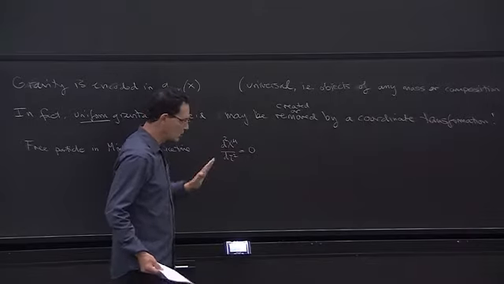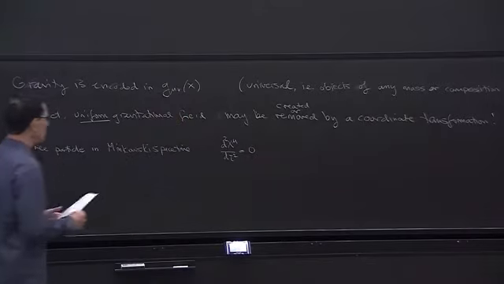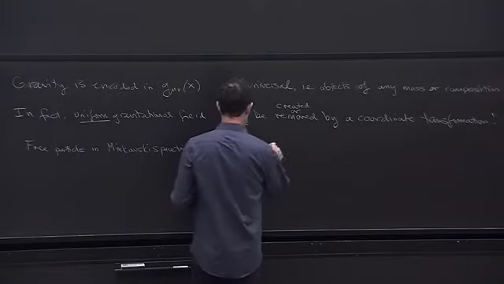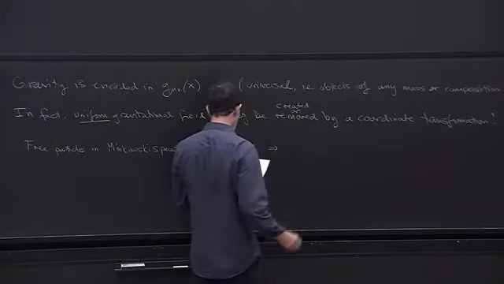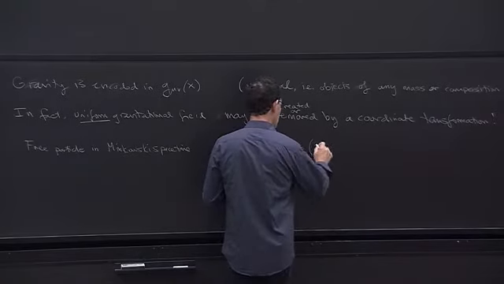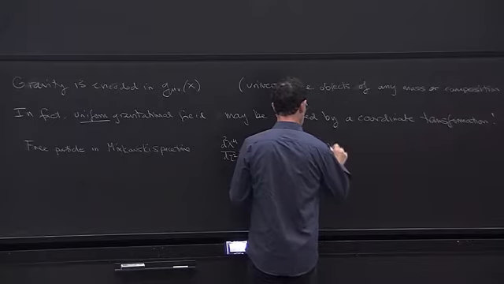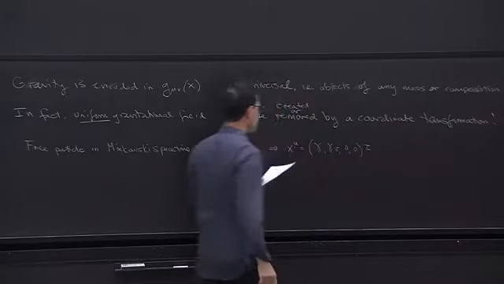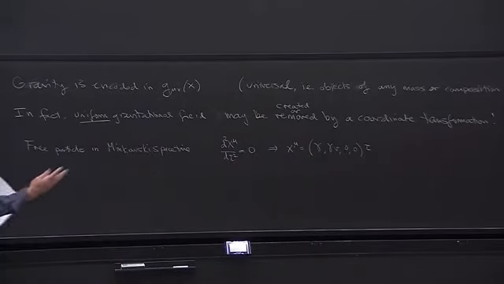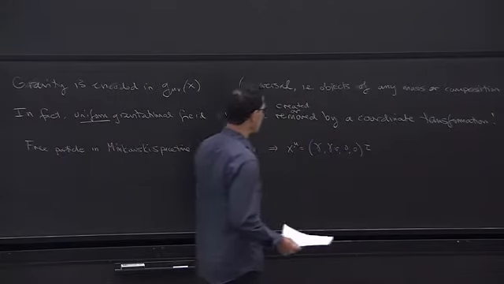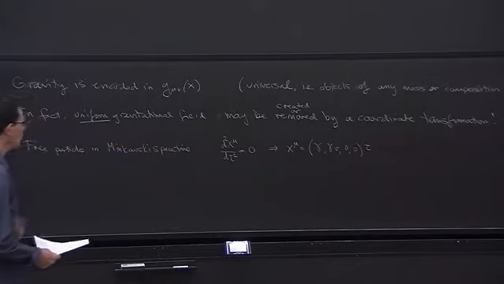The d2x/dtau squared is the acceleration of the line. But because the acceleration is 0, the general solution of this is that x^mu is gamma (1, v) tau, just linear in tau. In principle, I could add a constant here. I'm not going to, just to keep the math simple.